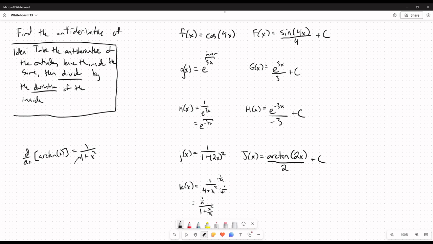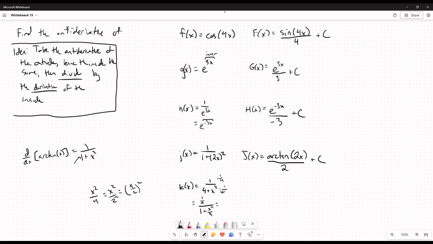There's one other thing I don't quite have yet. What I actually want to do is rewrite x squared over 4 as x squared over 2 squared, which is the same as x over 2 squared.